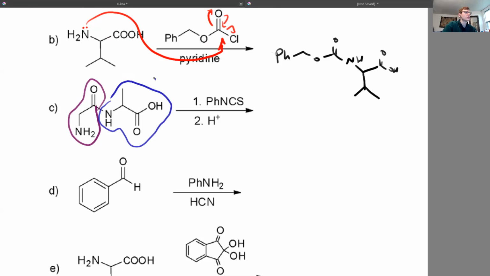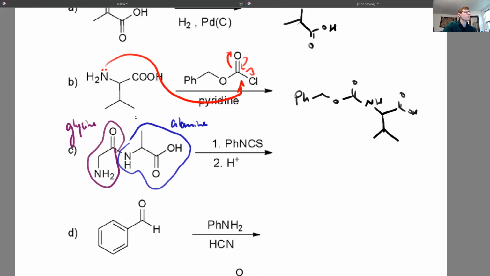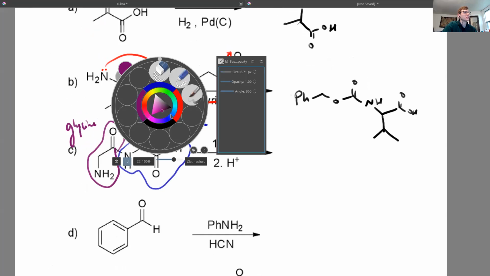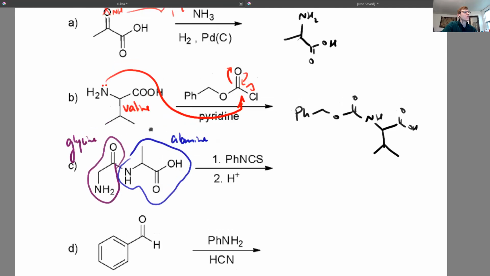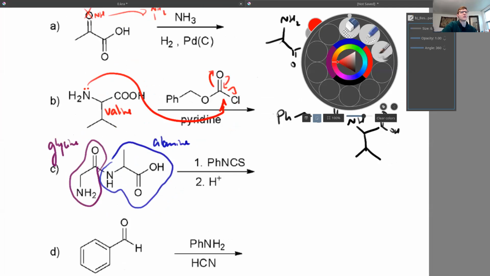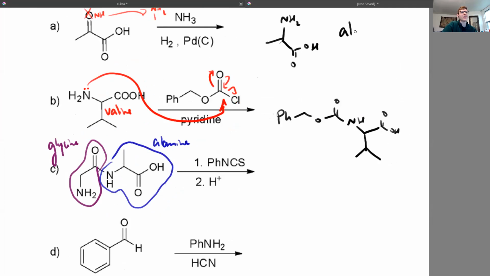So this is alanine, and then there's glycine over here. This one over here was valine, just for good measure, right? And then this, originally we made alanine. Okay, anyway.